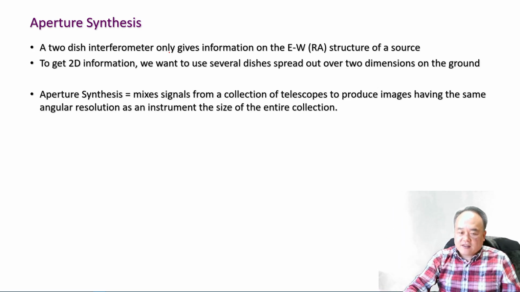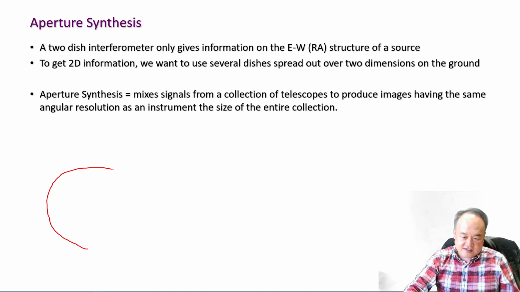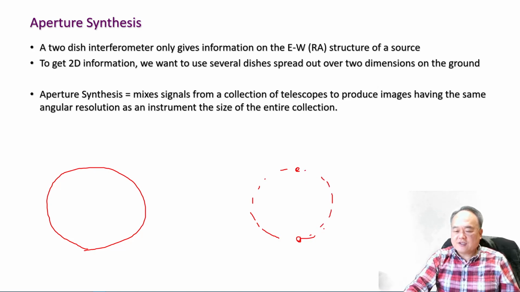To get the 2D information, imagine this is the solid mirror and these are two telescopes in interferometry mode. To get full 2D information, we need to fill this empty space as much as we can.